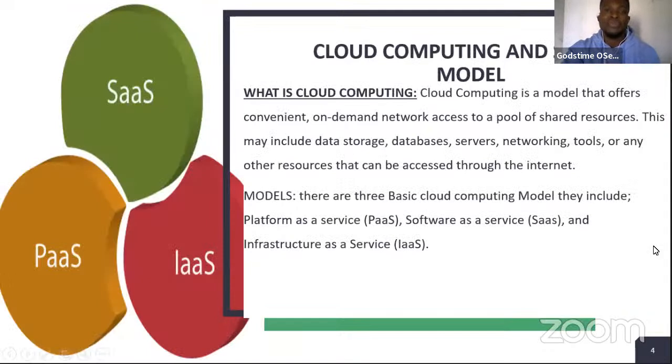Before we talk about Elastic Beanstalk, we have to first of all know what cloud computing is. Cloud computing is a model that offers convenient on-demand network access to a pool of shared resources. These shared resources can be hardware, RAM, BIOS, like a data center.